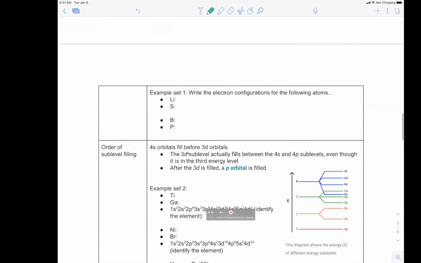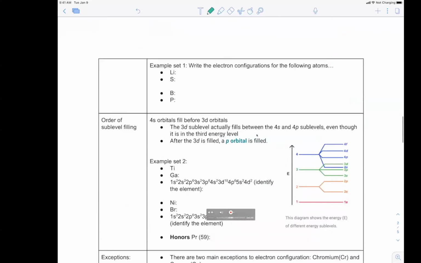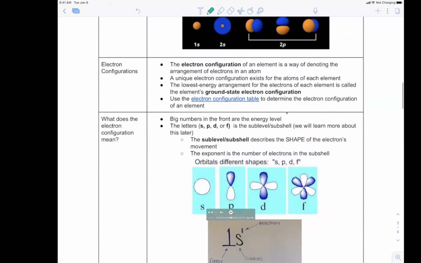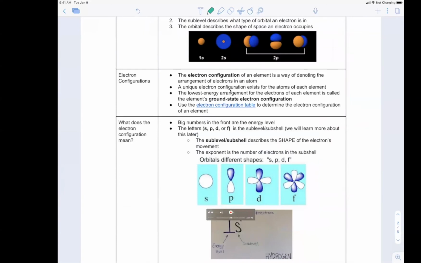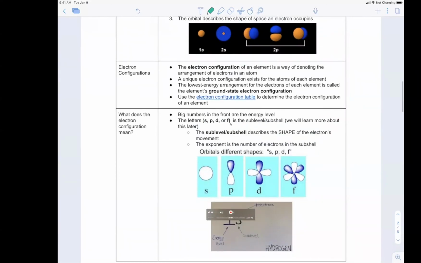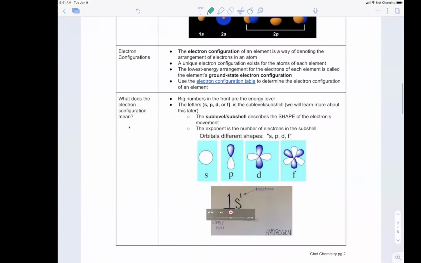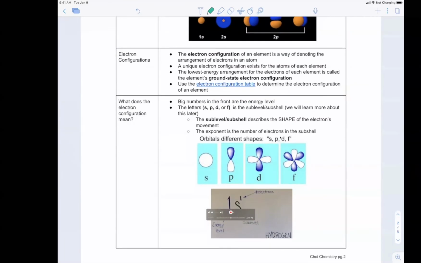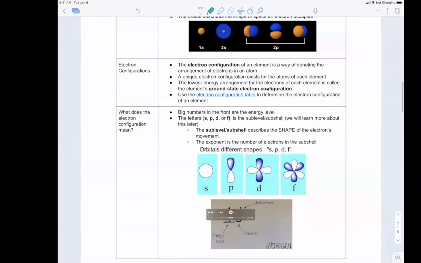If you can do the examples, then you're pretty good for today. I'm still going to give you an intro to what these mean, but again, don't worry so much about it. You'll get a better idea as we go through the later lessons. But I need you to learn how to write electron configurations today.